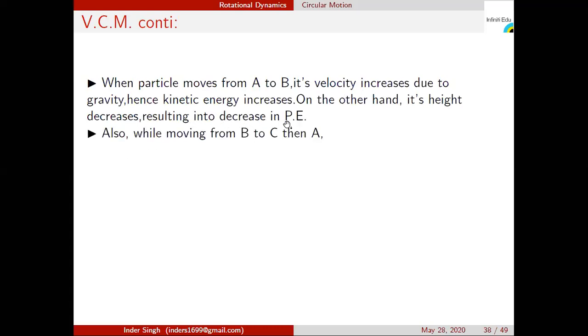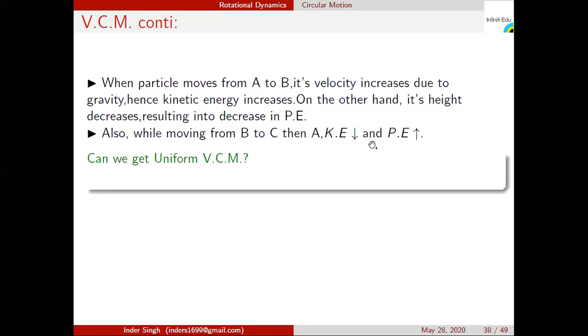So that is going to result into decreasing potential energy. Also moving from bottom position to midway position, then top position, B to C, then A, the height is increasing, so potential energy will increase, but gravity opposes the motion, so velocity will decrease, resulting into decrease in kinetic energy. So kinetic energy decreases, potential energy increases.